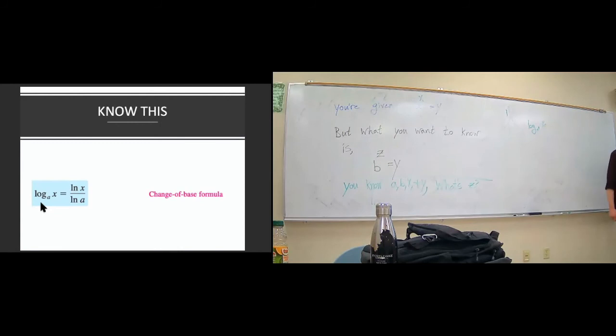I have no clue what this is. And I'm being honest, I actually don't know what this is. But I do know that this is going to be equal to ln of 16 divided by the ln of e to the 4th. I know that this ln of e to the 4th is just equal to 4. So this is going to be the ln of 16 divided by 4.